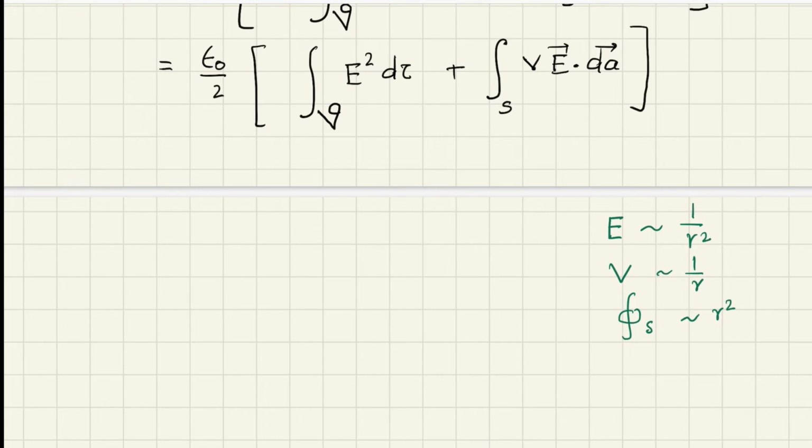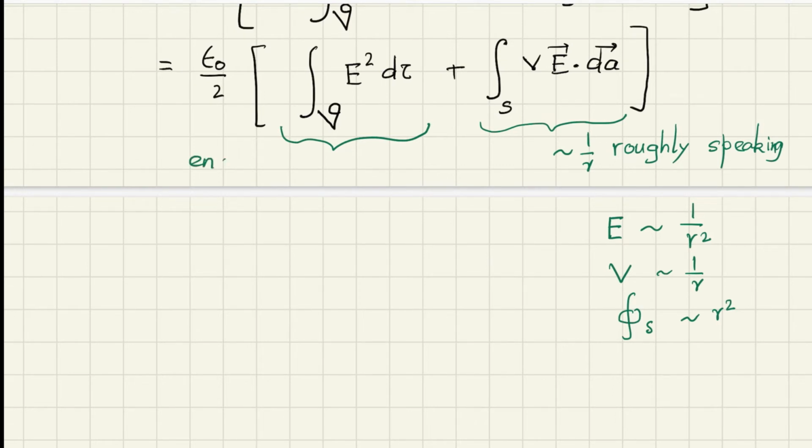So this is a rough argument: this surface term goes as 1 by R, roughly speaking. Of course, the volume should enclose the charge, but otherwise it can be anything.